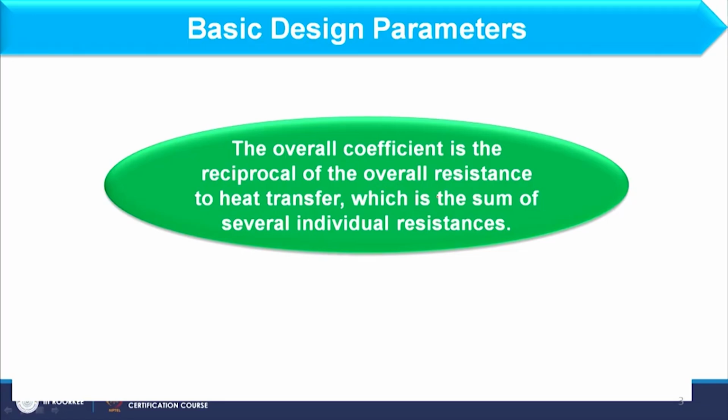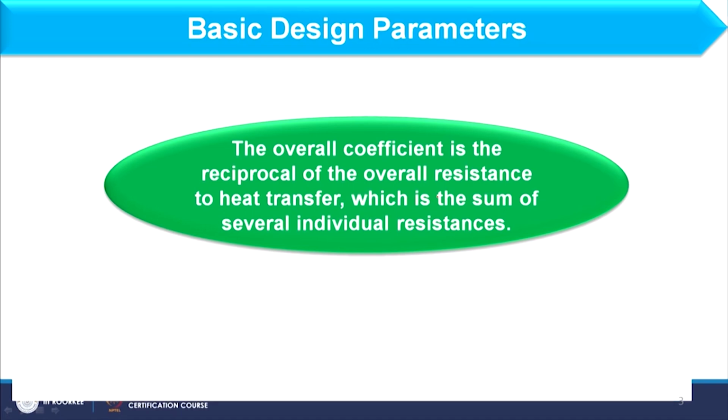Now, if you see this overall heat transfer coefficient, what is it basically? This is the reciprocal of overall resistances to transfer the heat, which is the sum of several individual resistances. Overall heat transfer coefficient is inversely proportional to the resistances.